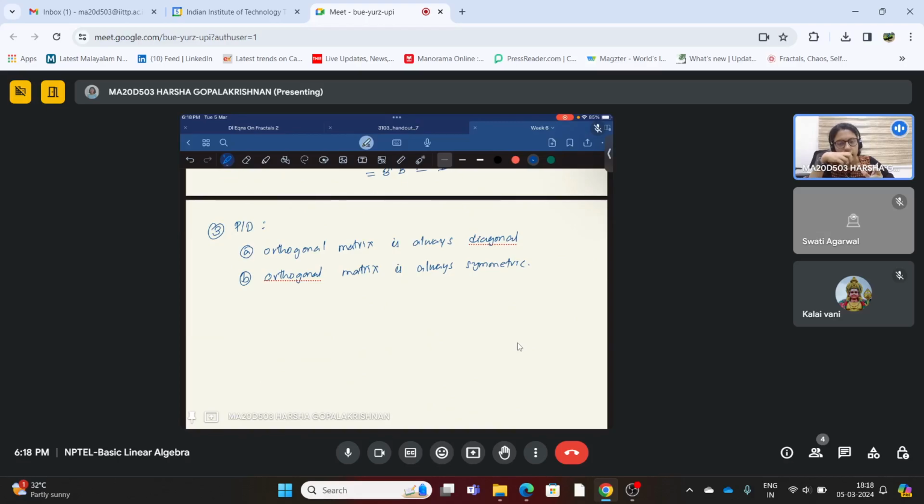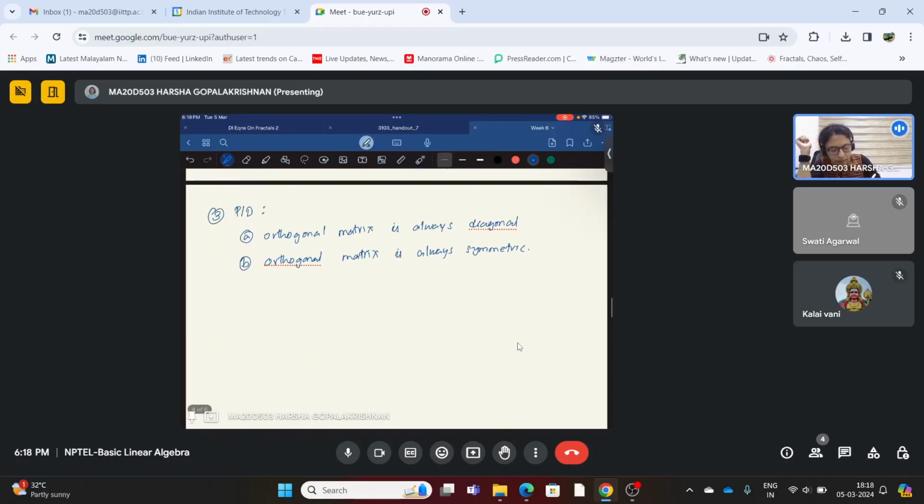Other than diagonal, how can we find an orthogonal matrix? So actually both of these are false. We can find a matrix which is not diagonal but orthogonal, and not symmetric but orthogonal.